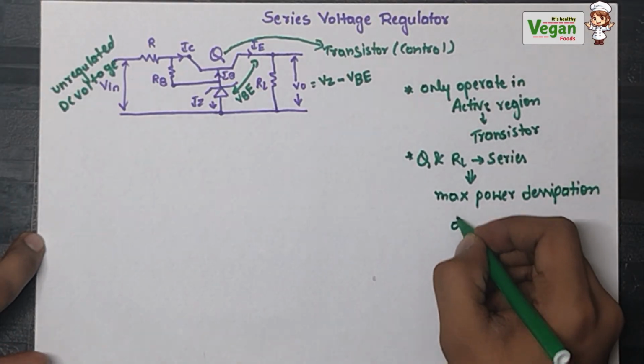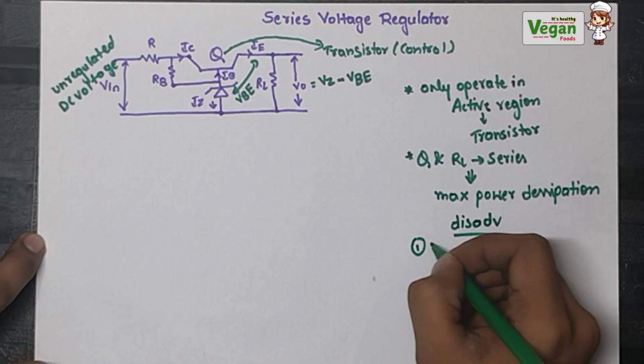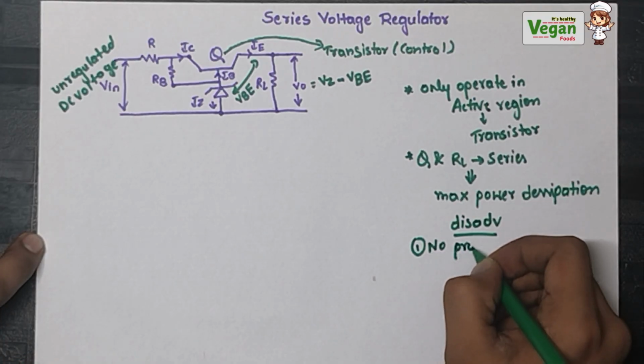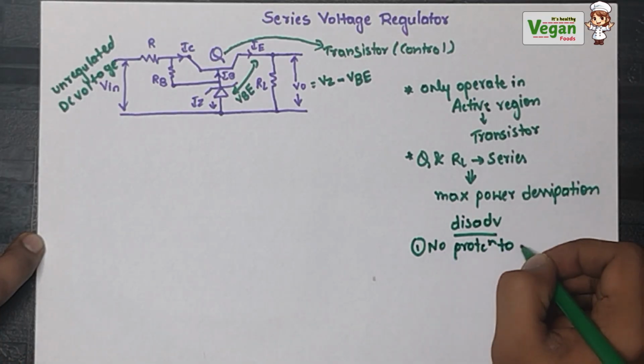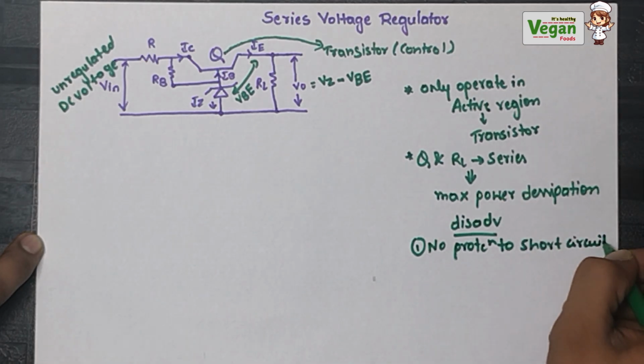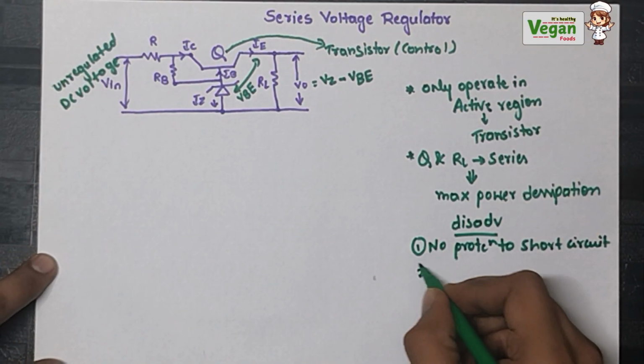Now the major disadvantages are, first, no protection to short circuit. If there is a short circuit because of the overflow of current, there is no protection for it. Another is, as the temperature increases, output voltage may vary.